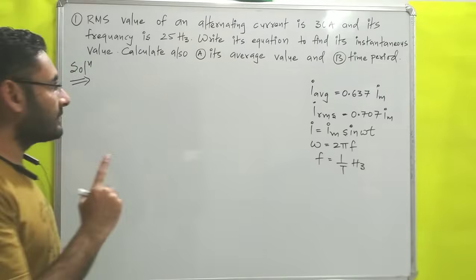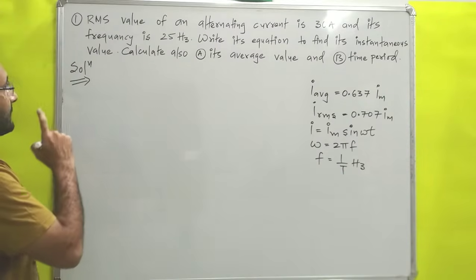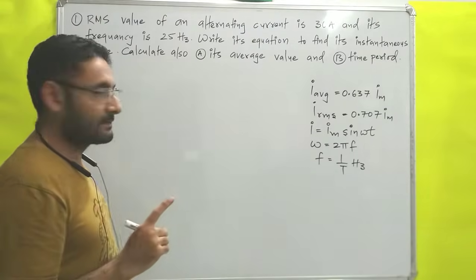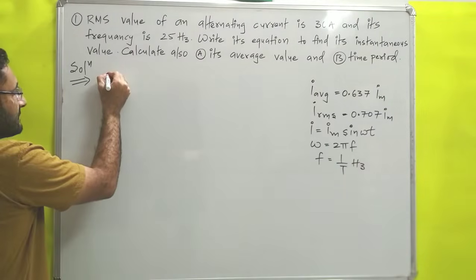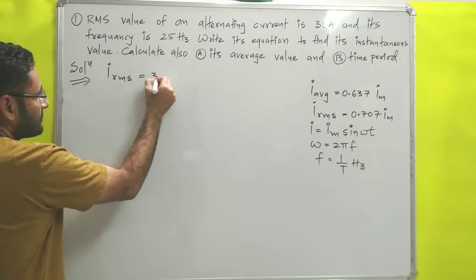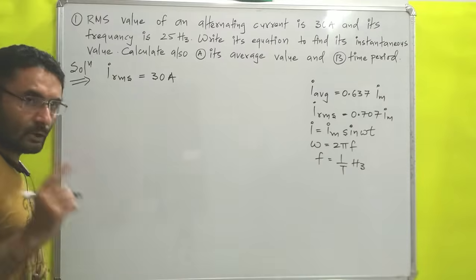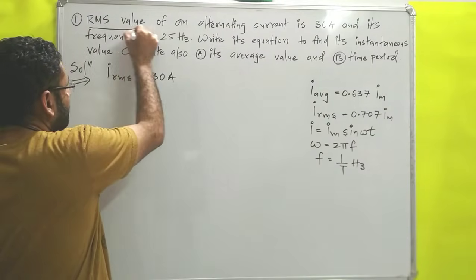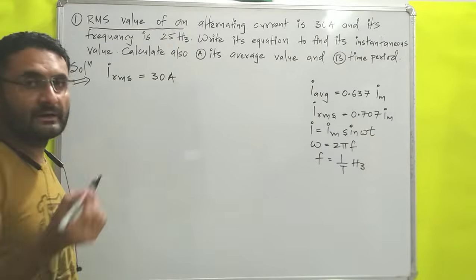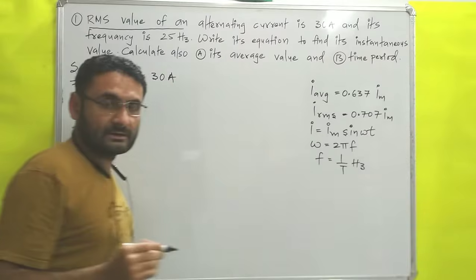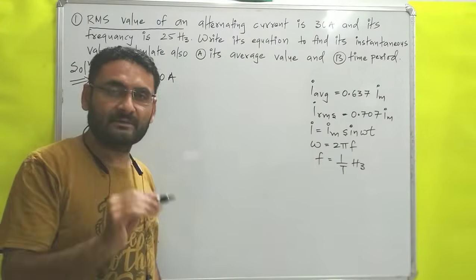We'll start with the first numerical: the RMS value of an alternating current is 30 ampere. So I RMS is 30 ampere. Also, you should know that if that sentence is not given and it is simply written that current is 30 ampere, you should understand what it means.